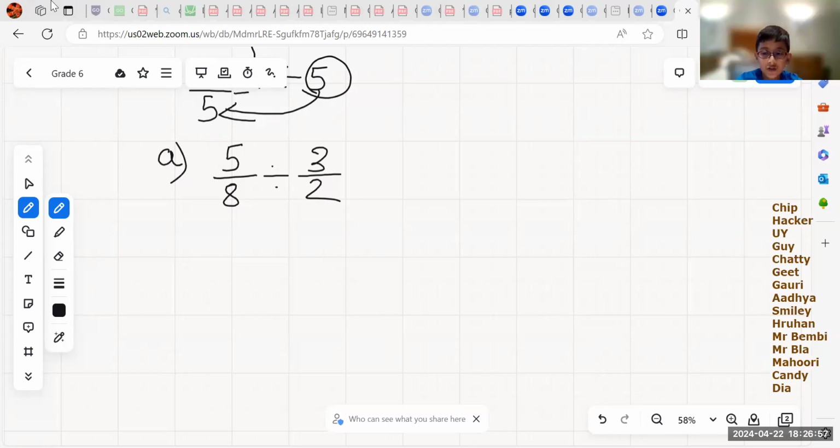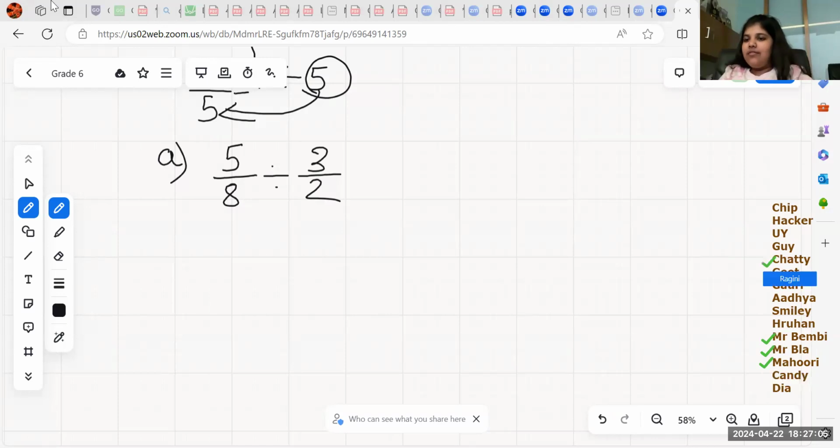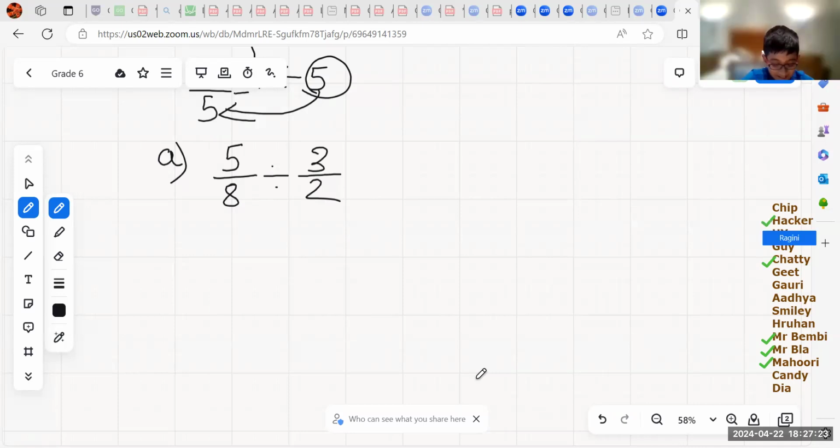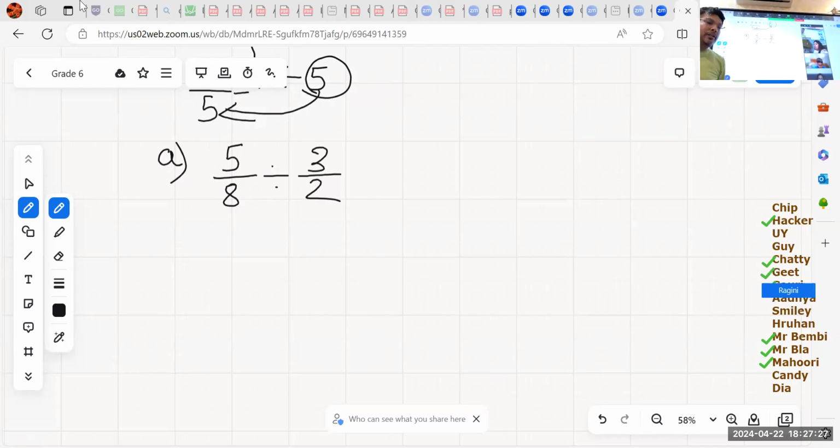Sir, do you teach astronomy? Where would you want to learn that? My wish, my life. Ragini ma'am, please don't check mine because I sent the wrong answer. Sir, do you teach astronomy? No.